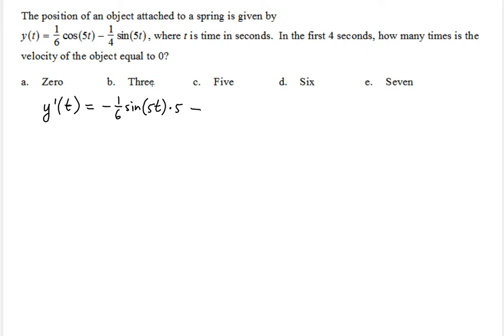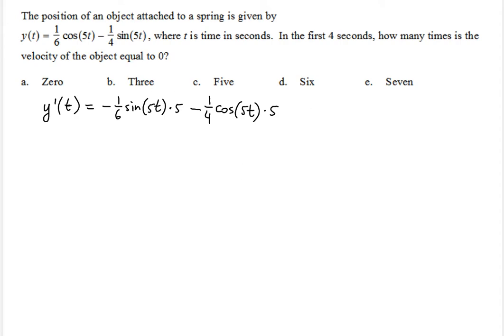Now the second term: the derivative of the sine is cosine. That doesn't change the sign, so the negative remains. Negative 1/4 cosine of 5t, and then the derivative of the inside, which is 5 as well.